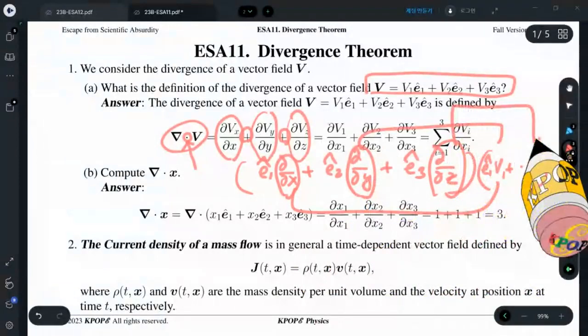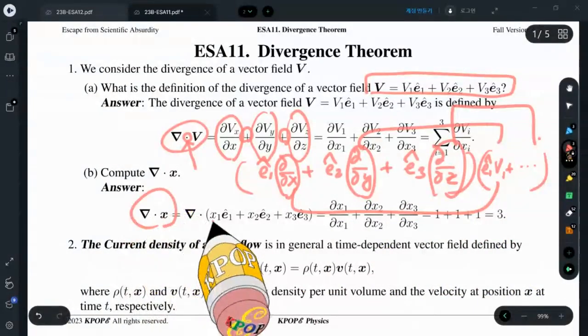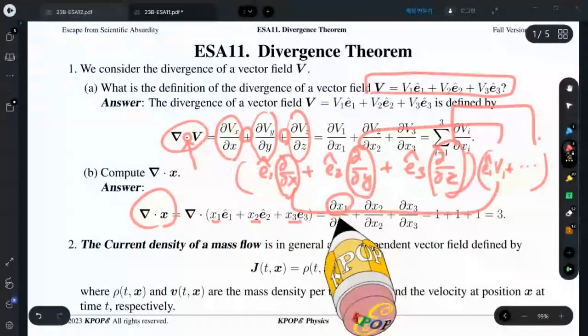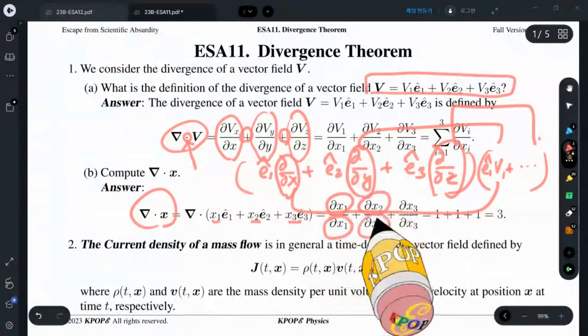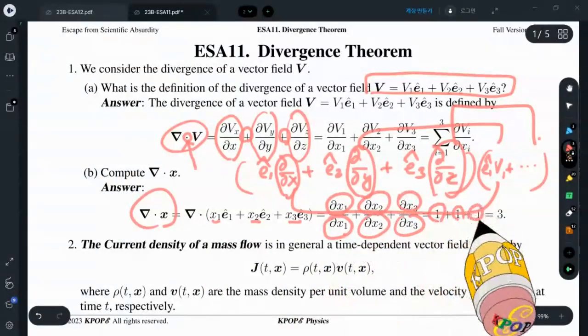Okay. The divergence of the vector (x, y, z): the x derivative with respect to x, x2, x2, x3, x3. So it is 1, 1, 1, 3.